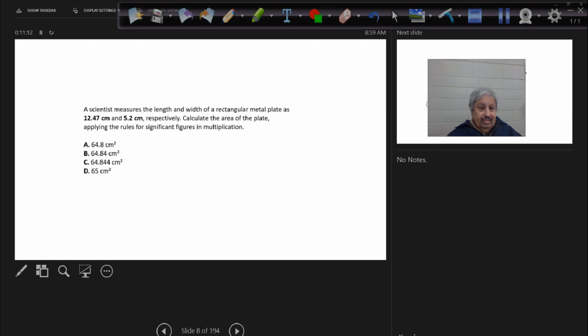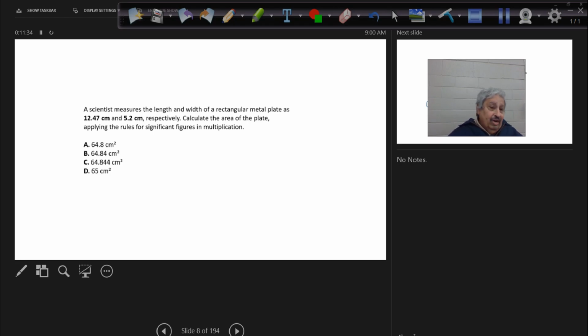So now it's here. A scientist measures the length and width of a rectangular metal plate as 12.47 centimeters and 5.2 centimeters, respectively. Calculate the area of the plate, applying the rules of significant figures in multiplication.